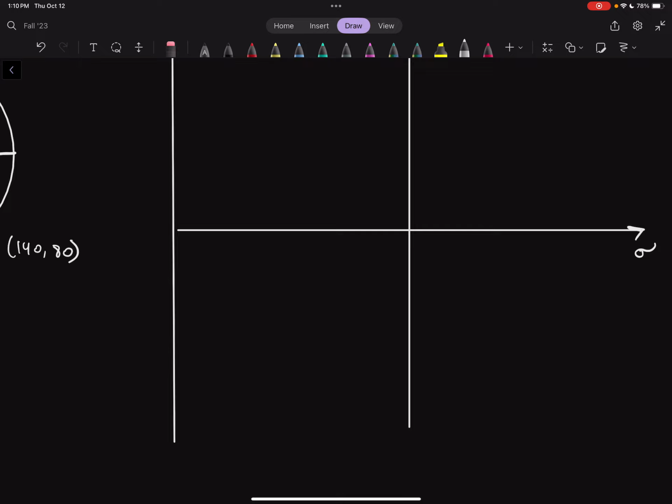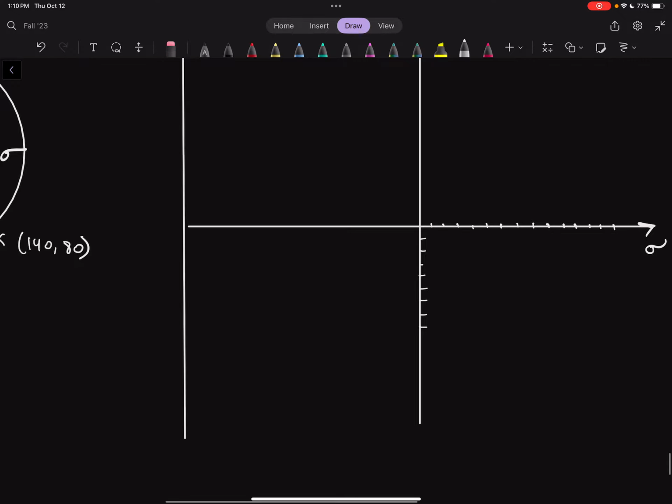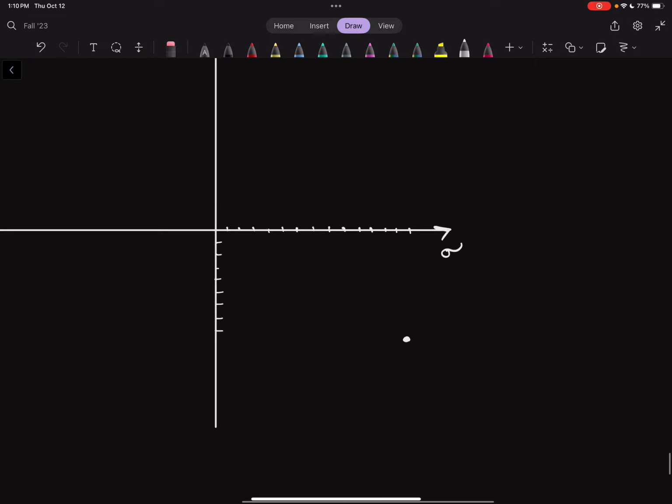So 1, 2, 3, 4, 5, 6, 7, 8, 9, 10, 11, 12, 13, 14, and 80. 1, 2, 3, 4, 5, 6, 7, 8. So notice how I'm plotting it below the sigma axis. And that's going to be my x face at 140, 80.